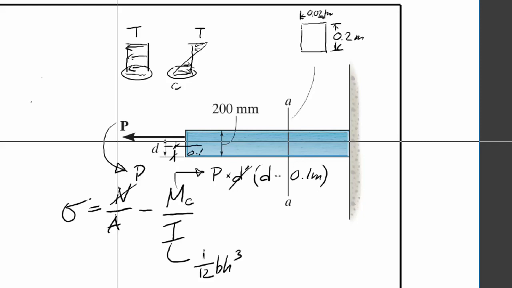So you've got most of the stuff. You can solve for area, and that's really what you're solving for. We know that C is half this distance, so it's going to be 0.1 meters. And I think that's enough to get you started on this problem.